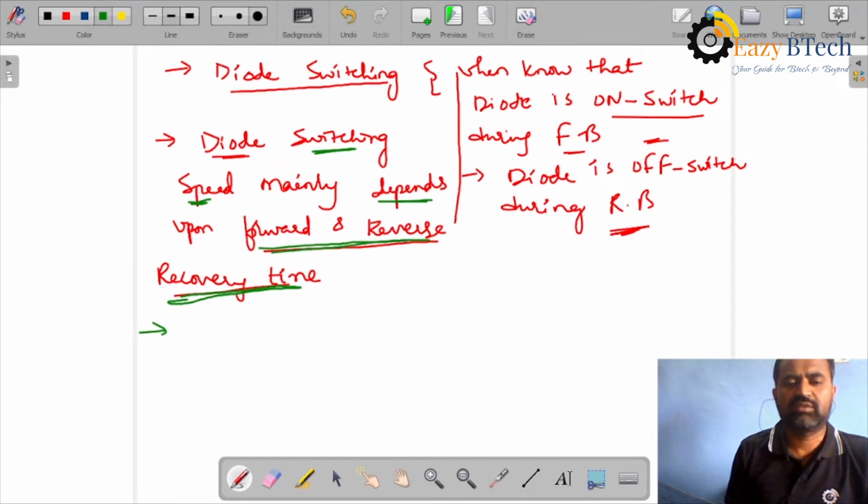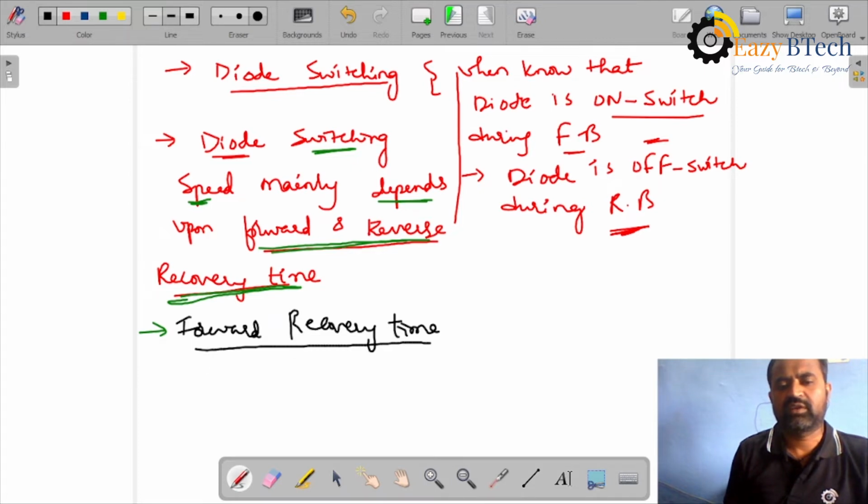Now we can understand what is forward recovery time. Okay, what is forward recovery time?